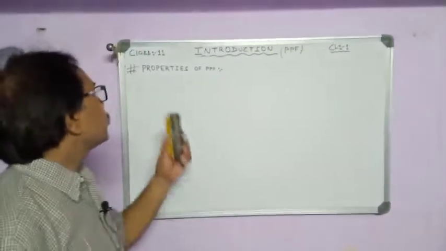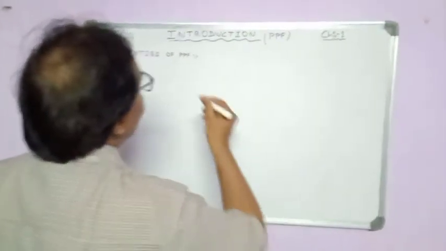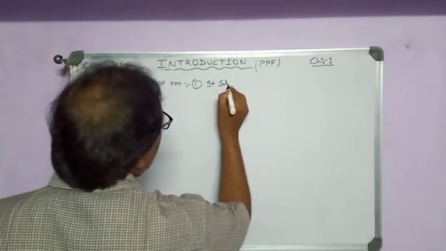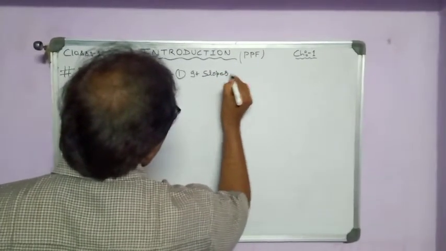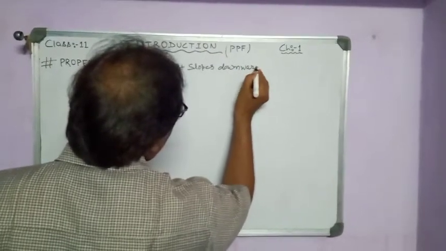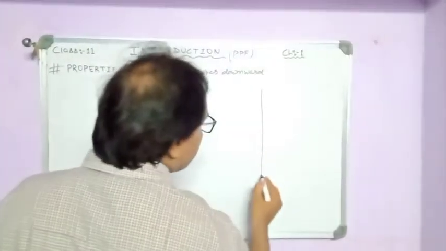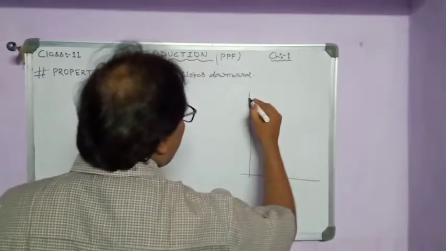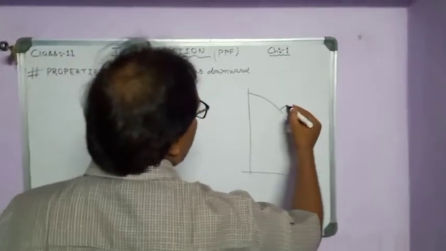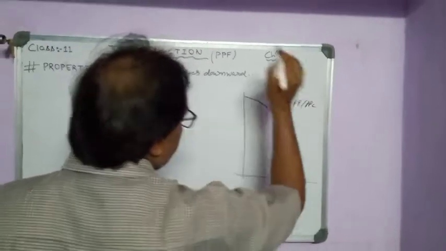So first, the properties of PPF. There are two properties. The first property is that it slopes downward. Just look here, this is the x and y axis and this is our PPC, or PPF.